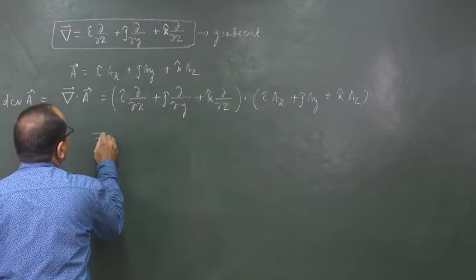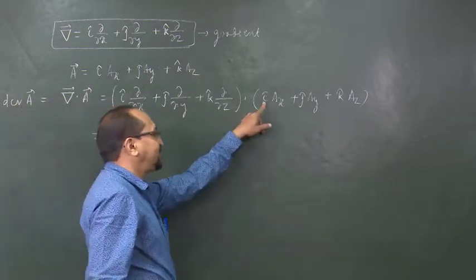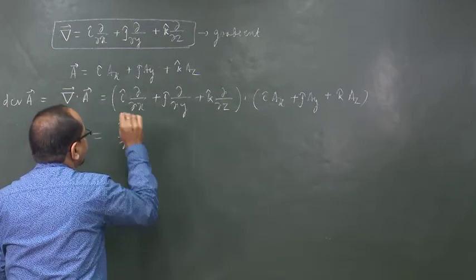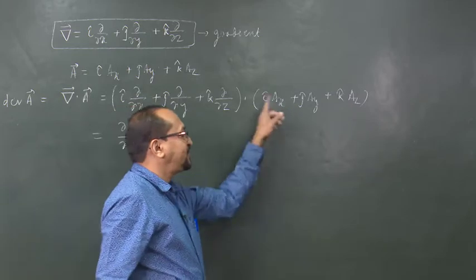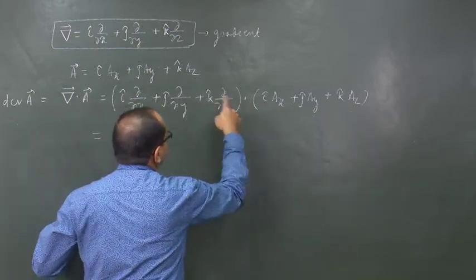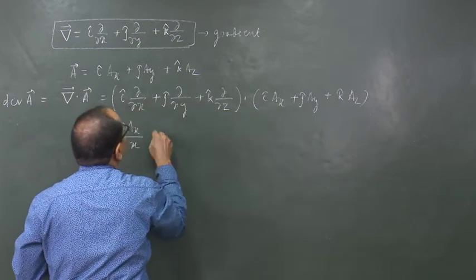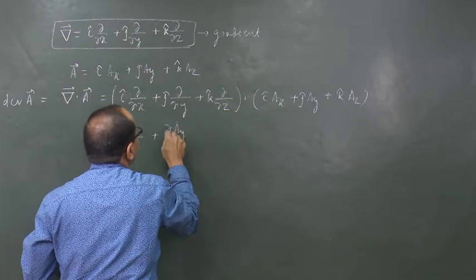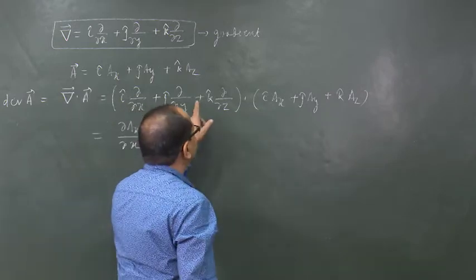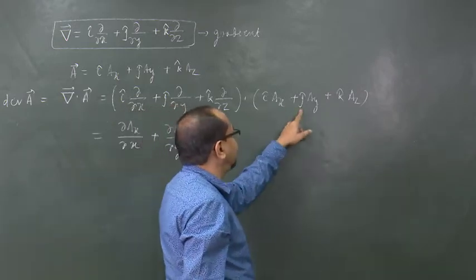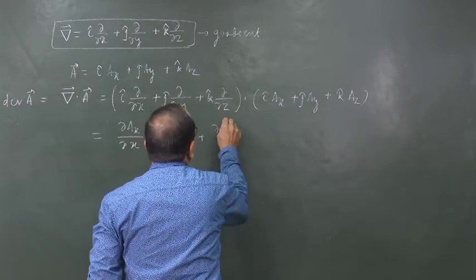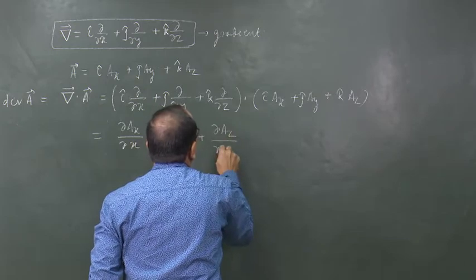This is equal to i cap dot i cap is 1, so it is del Ax by del x. i cap dot j cap is 0, i cap dot k cap is 0. Then j cap dot i cap is 0, j cap dot j cap is 1, so the next term is del Ay by del y. Similarly, k cap dot i cap is 0, k cap dot j cap is 0, k cap dot k cap is 1, so it is del Az by del z.